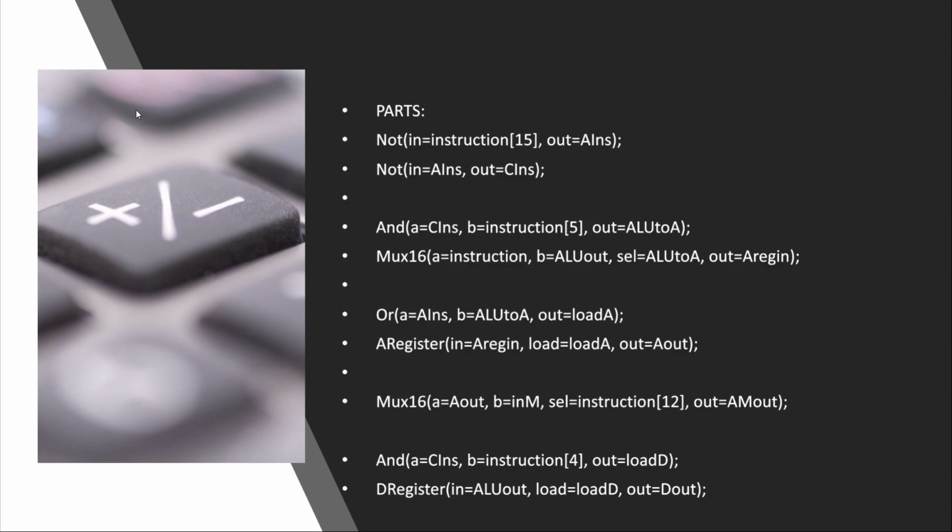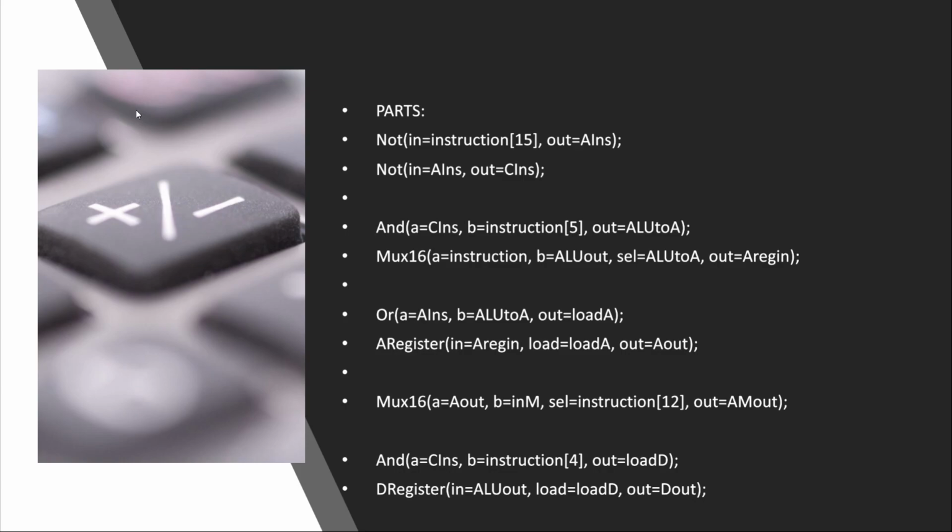But first our CPU decodes the 16-bit instruction into an opcode and 15-bit value. If the opcode is 0, then instruction is A instruction, whereas if opcode is 1, then instruction is C instruction.